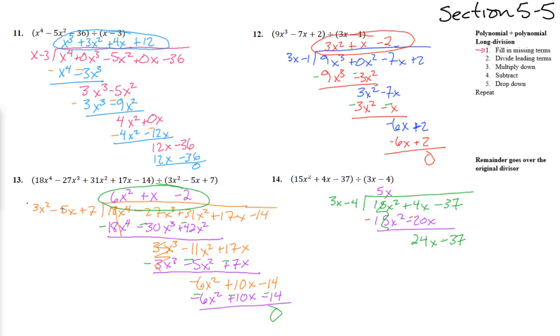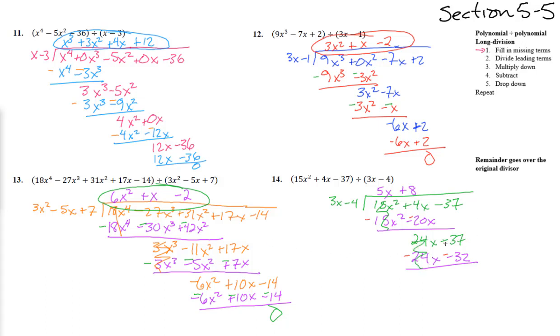3x goes into 24x 8 times. 3 into 24 is 8, and the x's are good. So 8 times 3x is 24x. 8 times a negative 4 is a negative 32, and then we subtract. So 24 minus 24, gone, good.